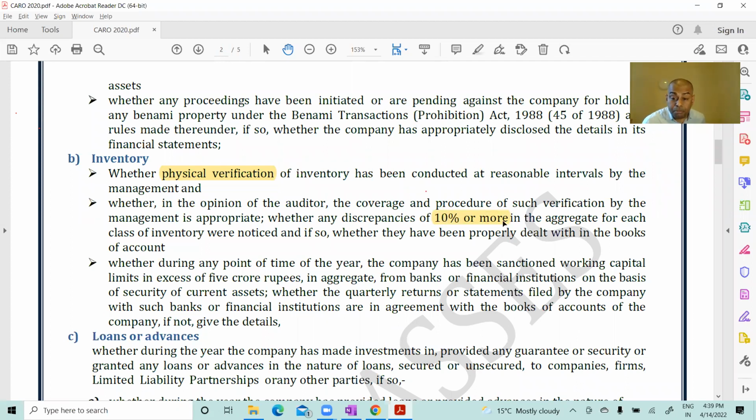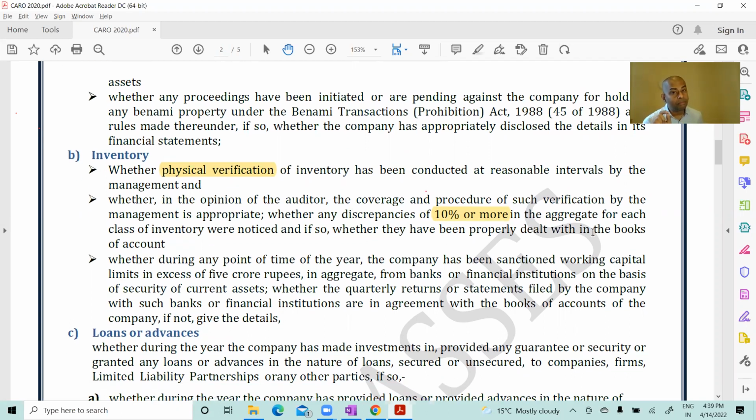So if there is 10% or more discrepancy, how has it been dealt with in the books of account? Dear company, did you create a provision for loss of stock? How have you accounted for it? In your books, it is 55 kg. Reality, I have seen 22 kgs. How have you dealt with the same? Who is responsible for this?